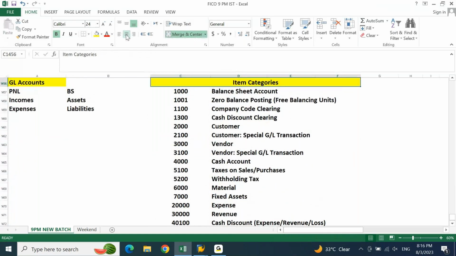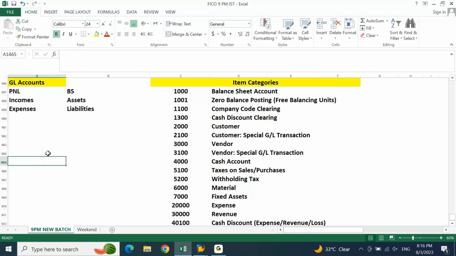Whatever GL accounts you are talking about, whether asset, liability, income or expense, the first thing you need to be in a position to do is segregate. If I'm talking about, let's say, rent, we must understand what rent is. First map this rent according to this. Rent is an expense.